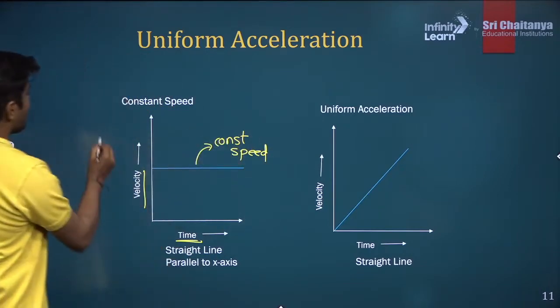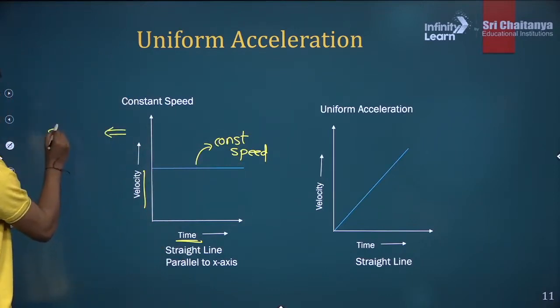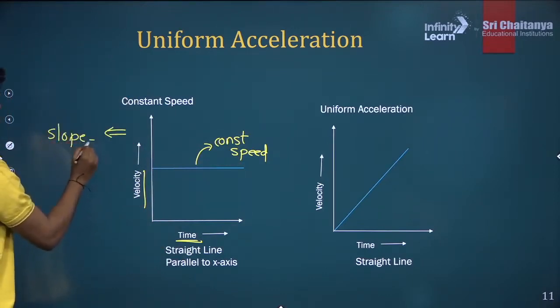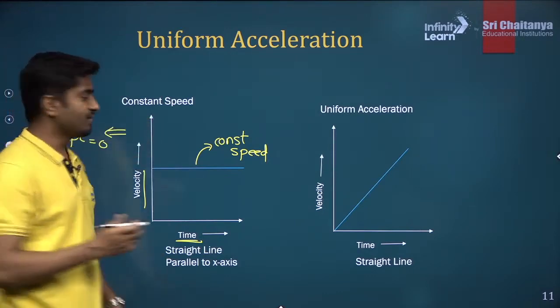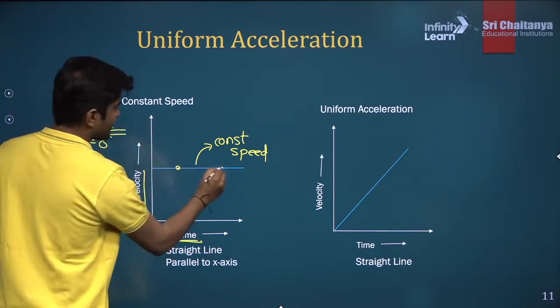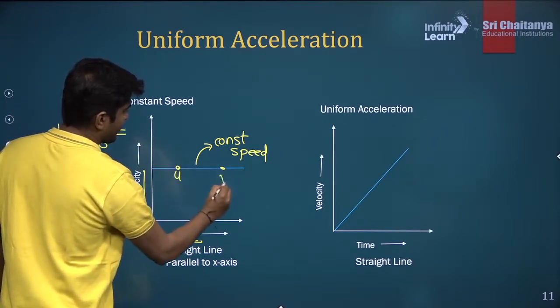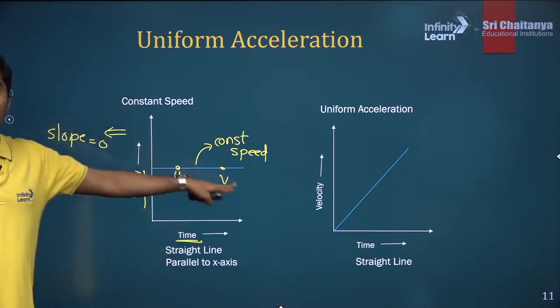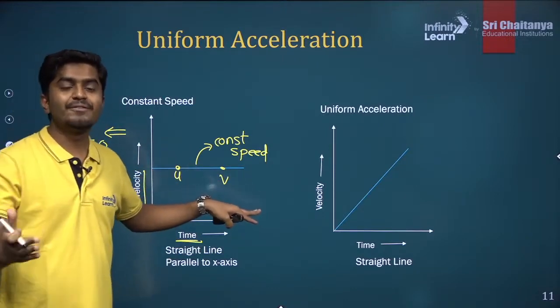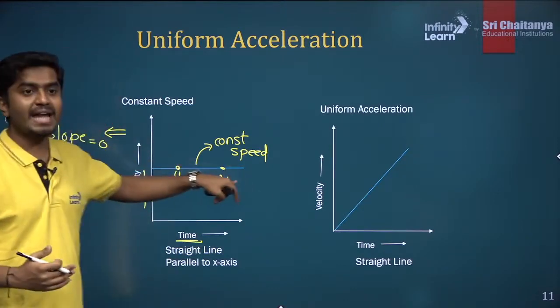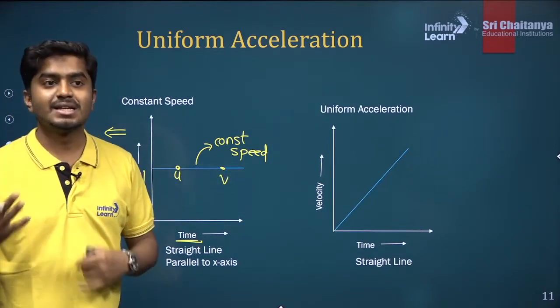For this graph, slope is 0. There is no change in the initial and final velocity. If I take 2 points here, there is the initial velocity and final velocity. They are equal. So the difference in the initial and final velocity is 0.